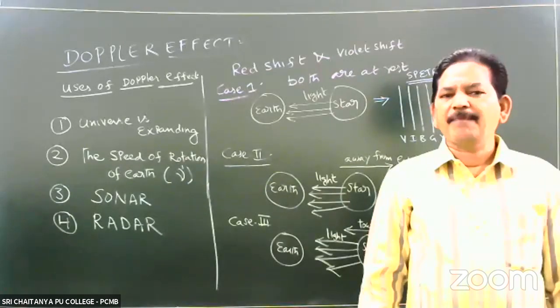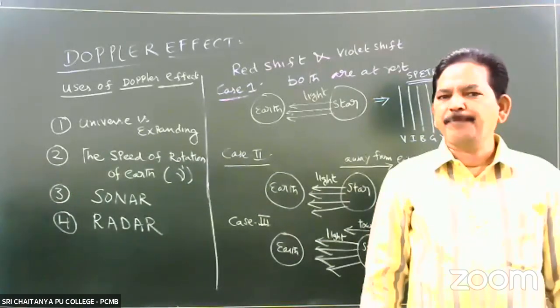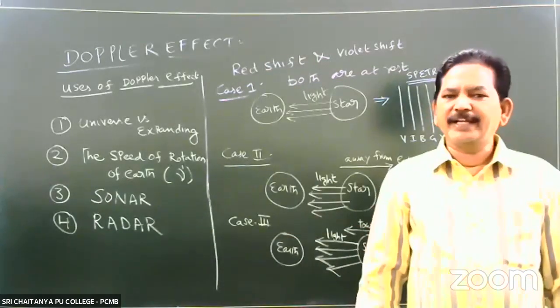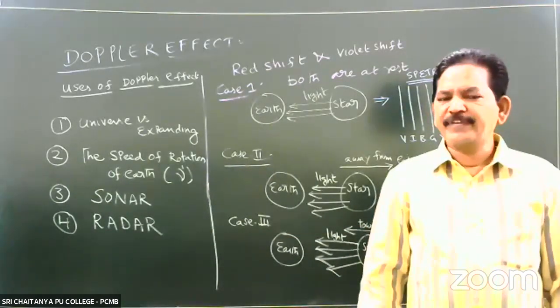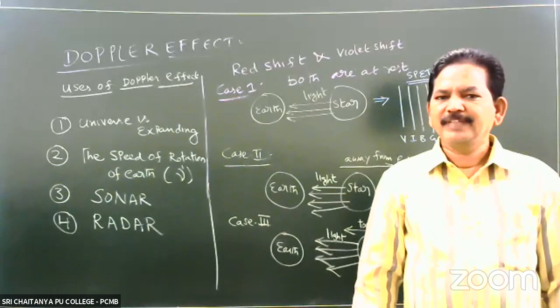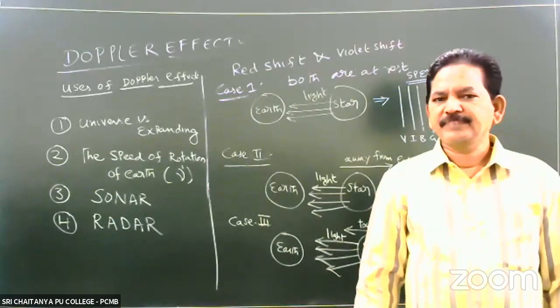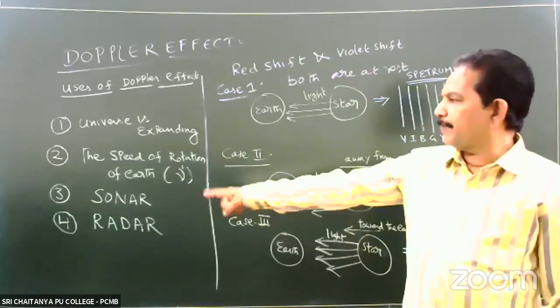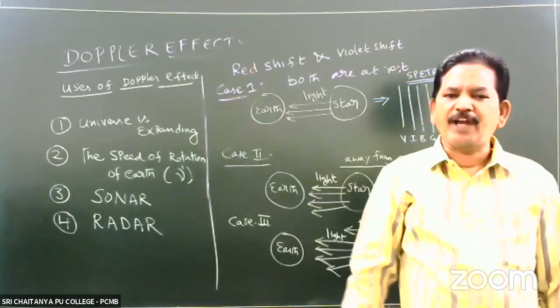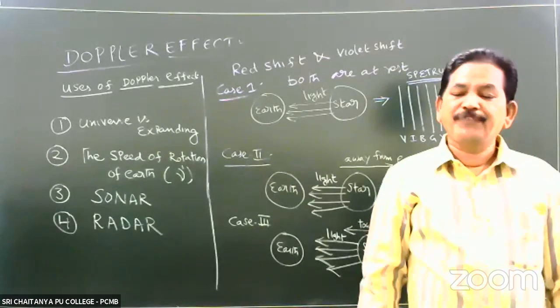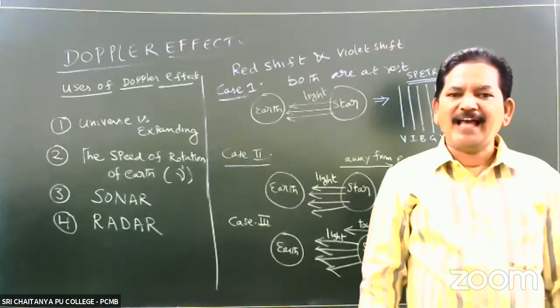Even now, if an airplane is to be landed in the airport, they will get the signals from radar, whether to get down or not, whether the atmosphere is suitable or not. Helicopters, aeroplanes, rockets, everything we can study by using Doppler effect phenomena. We can find out apparent frequency. With that, we can calculate the velocity.